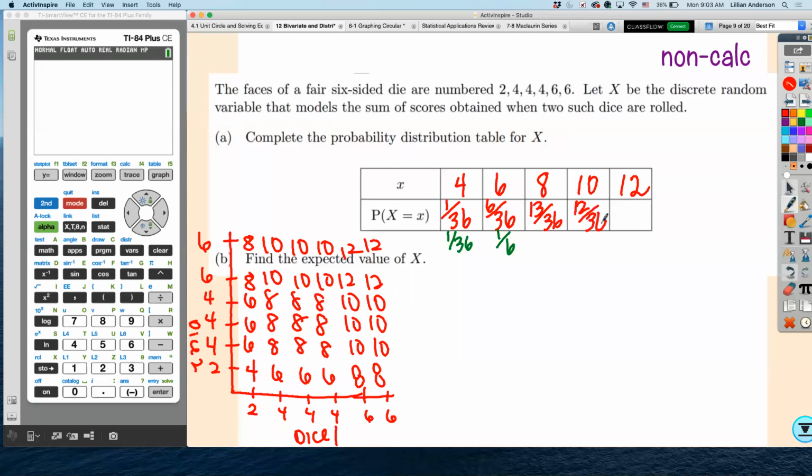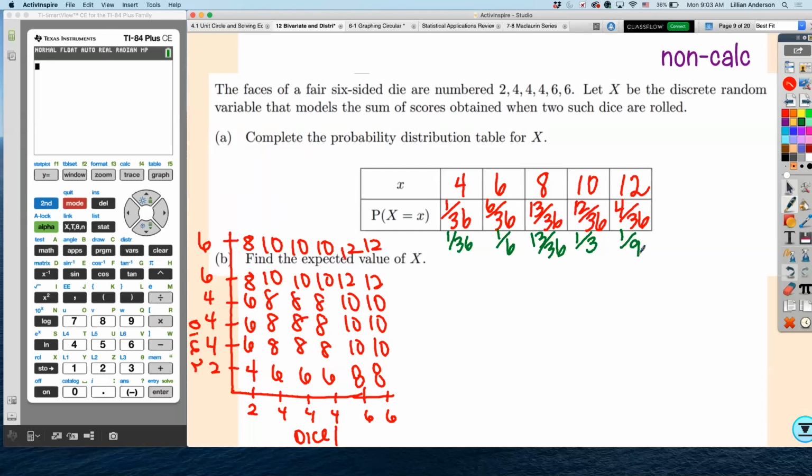Was that reduced down to be online? 1/3. How many times does 12 show up? 4 times. And that reduces down to be? 1/9.